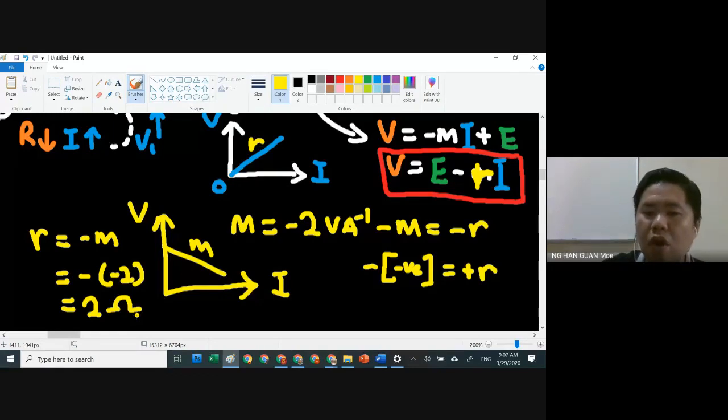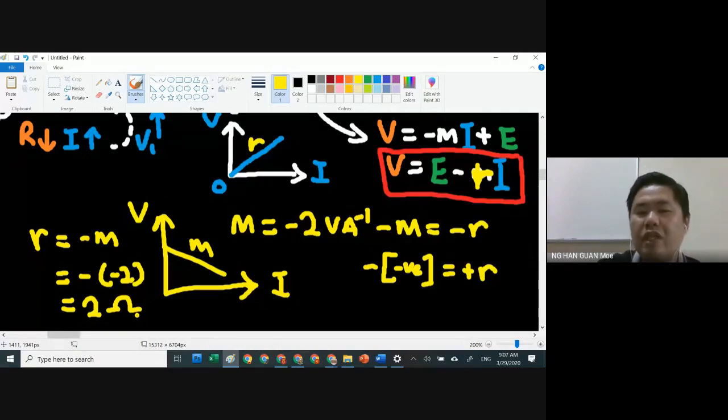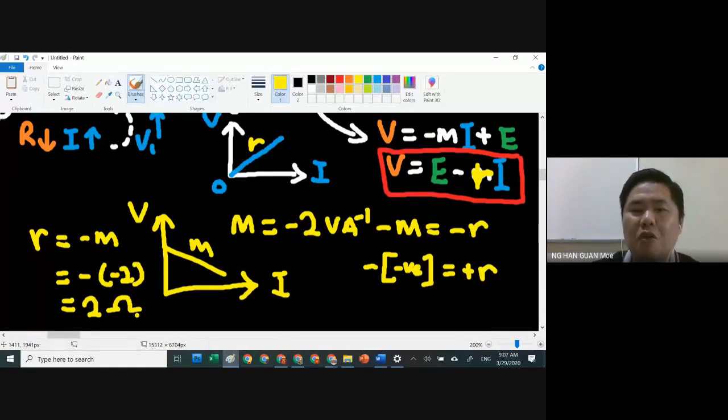Okay. And it is also one of the very popular mid-year paper 3 questions or trial paper 3 questions. From my experience, most school teachers will use this graph as the paper 3 second question in the mid-year exam.